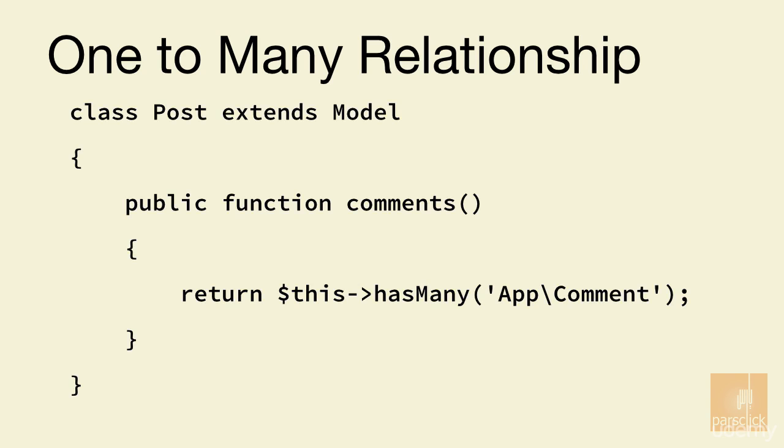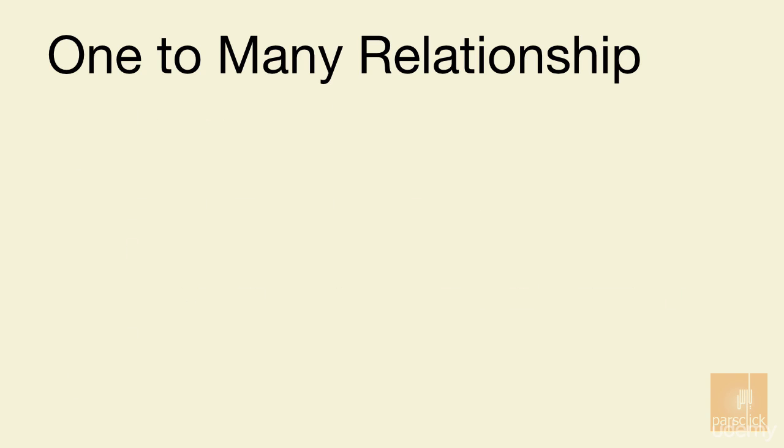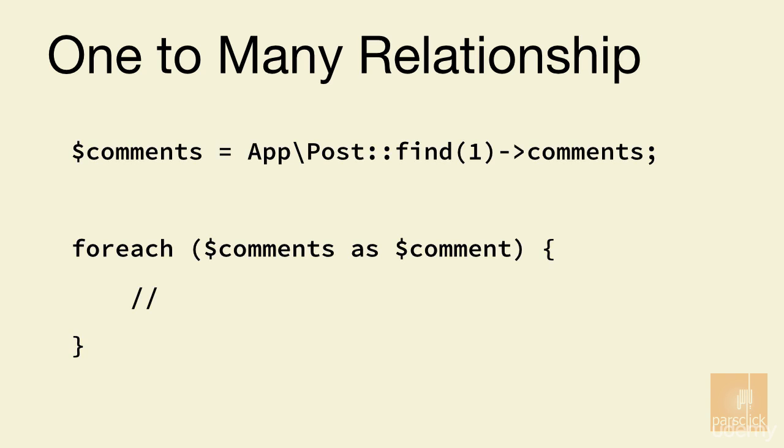So you need to have post_id inside your comments table in order for Eloquent to use this relationship. Once the relationship has been defined, we can access the collection of comments by accessing the comments property. You can use comments like this, chaining it at the end of the model.